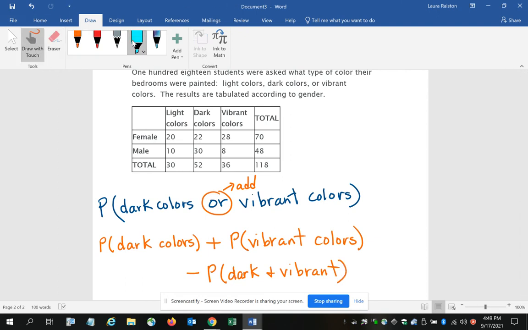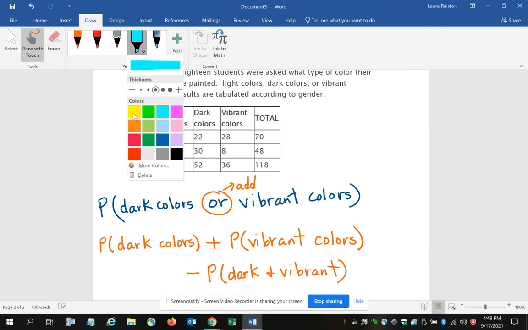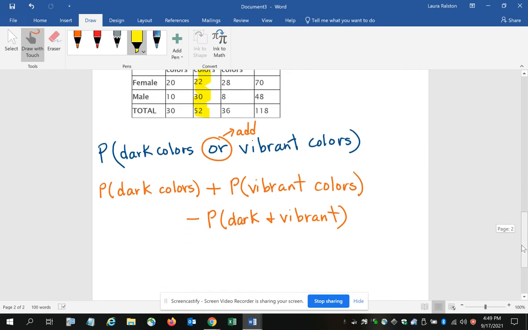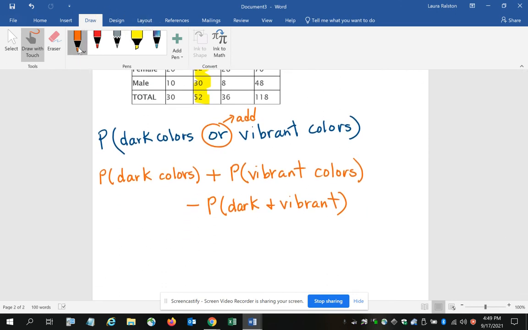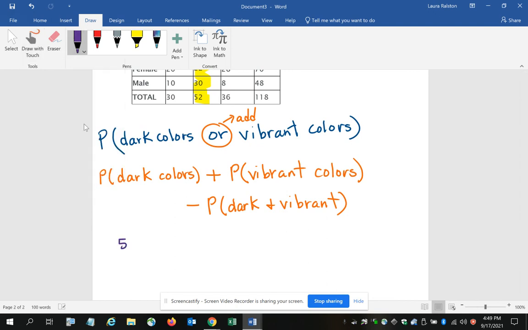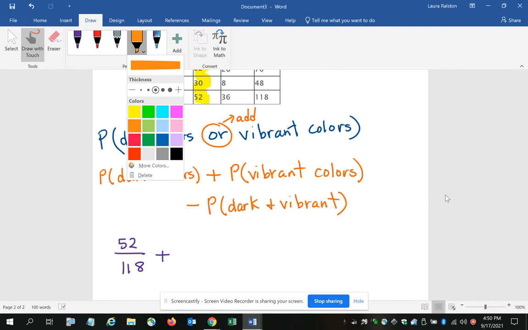So using my colors, we would think dark colors. For dark colors, we had 52 total out of the 118 students, plus those who had vibrant colors.